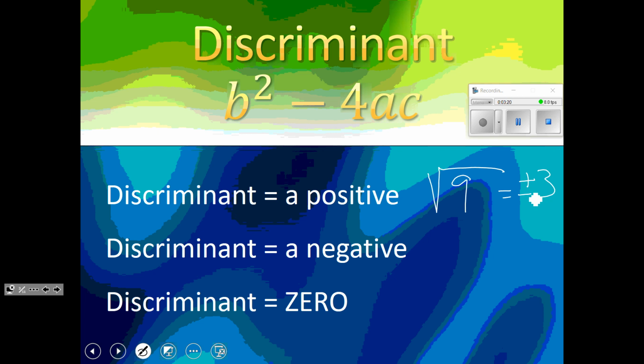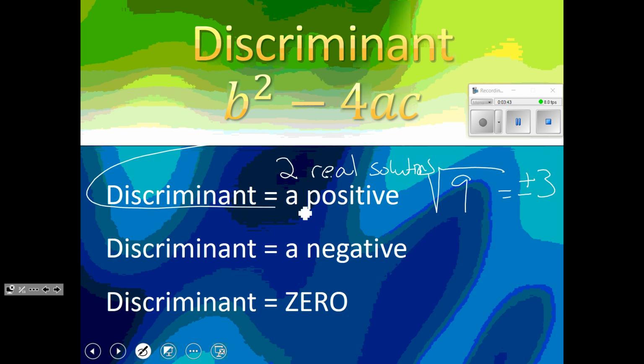So that's where you get the plus or minus. That's going to create 2 different answers, a positive 3 or a negative 3. So this shows us that there are going to be 2 real solutions.